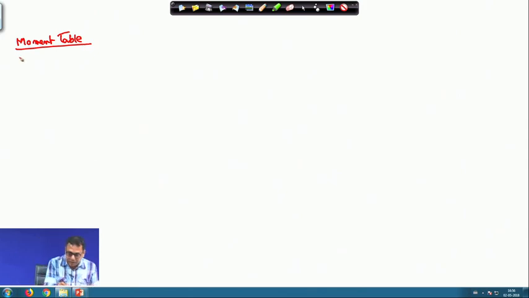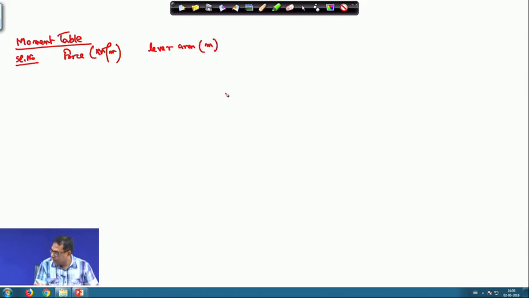So, again I am taking the serial number, then the force in kilonewton per meter, then the lever arm in meter, then the moment, which is kilonewton meter per meter. Okay. And there are two parts, one is the resisting moment, another is the overturning moment.